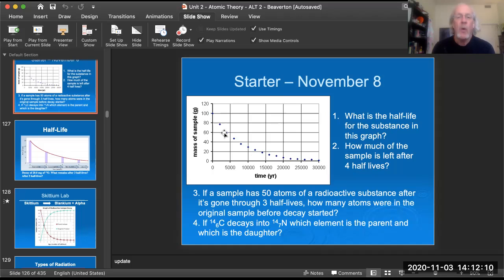Well, let's see. 1 for 5,000, 2, 3, 4. So at 20,000 years, we've come to 50, 25, 12.5, and then 6.25. So 6.25 grams. All right, so that's how half-lives work. It is always half of the current amount, not half of the starting amount.